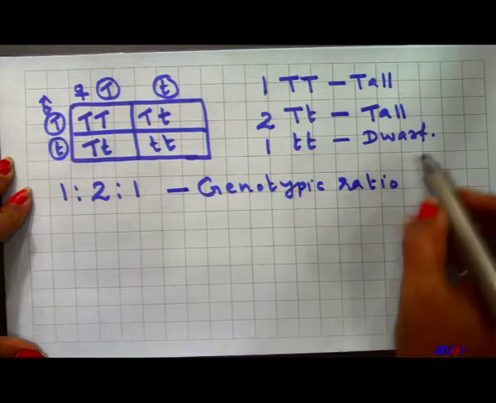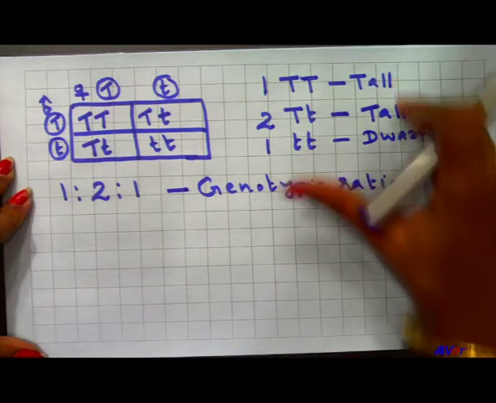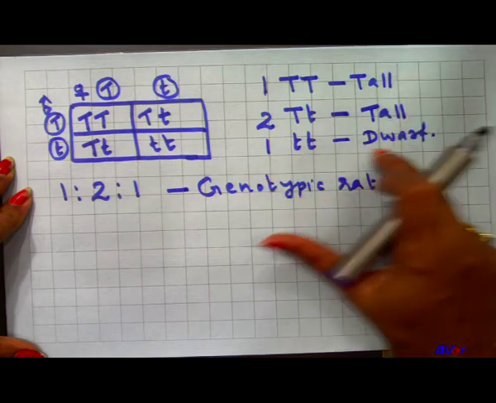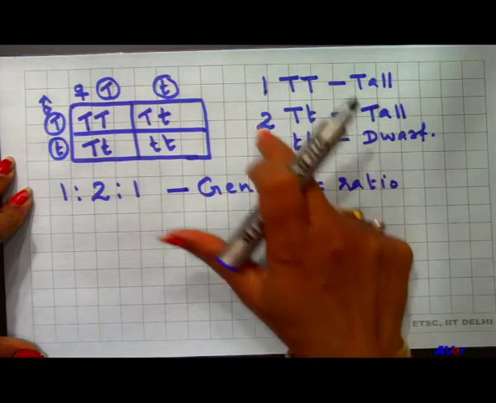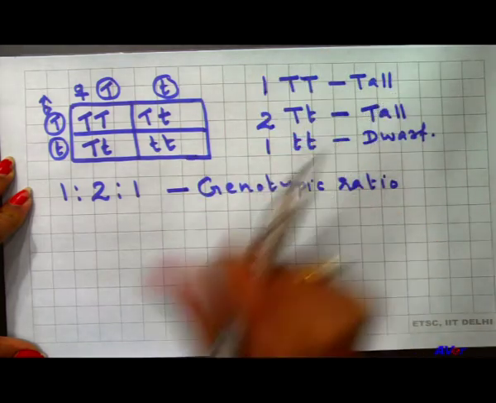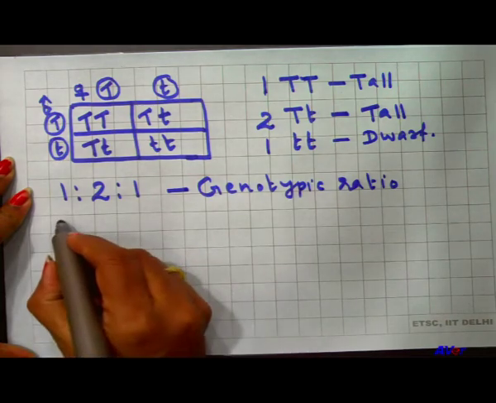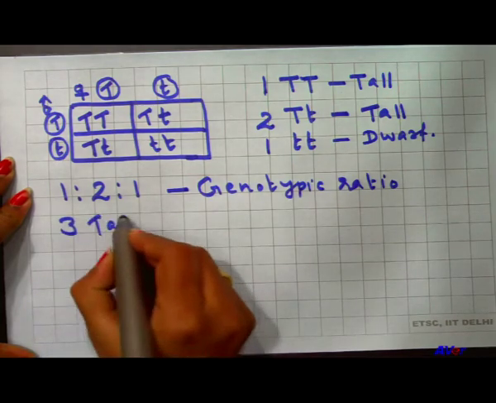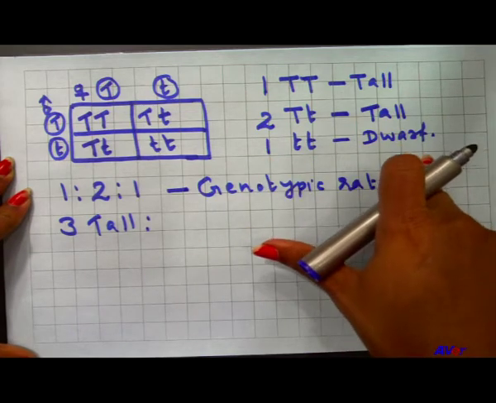Now, coming to the phenotype, you can see 2 phenotypes here, one is tall and the other is dwarf. How many individuals are tall? 3 are tall. That means 75% are tall here. So, 3 tall and how many are dwarf? Only 1.